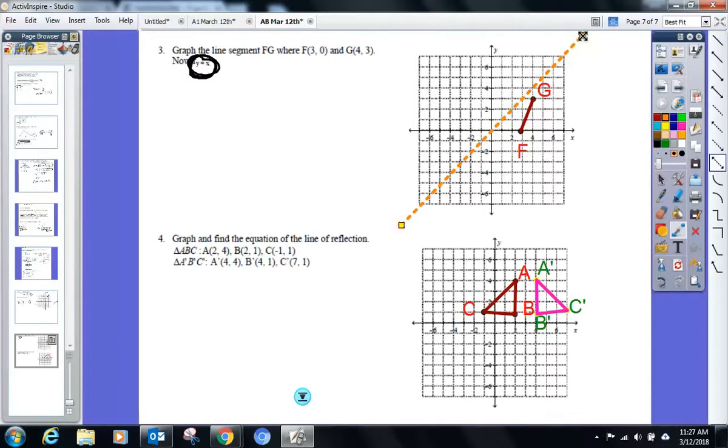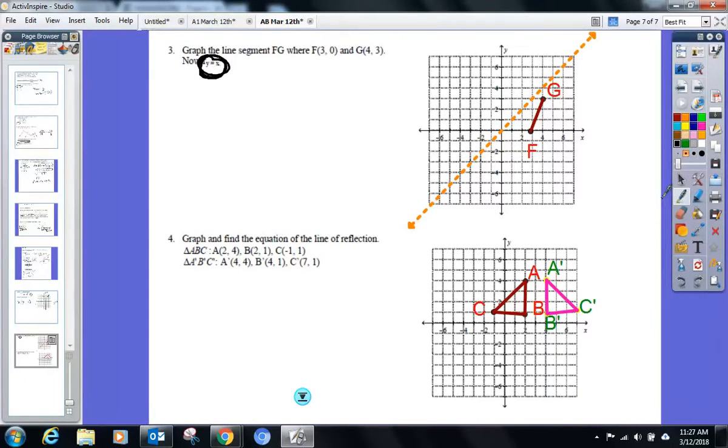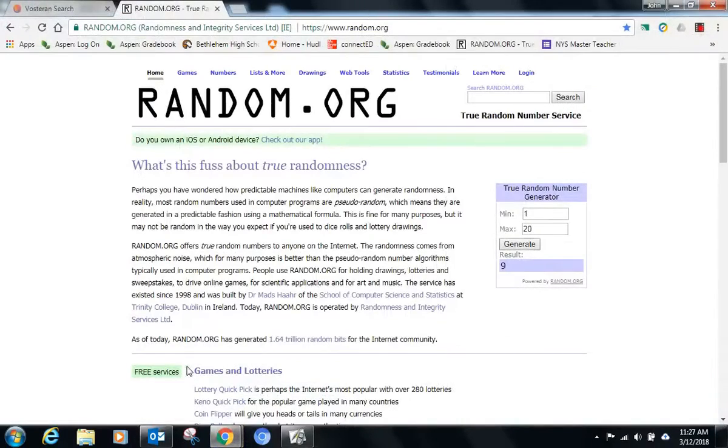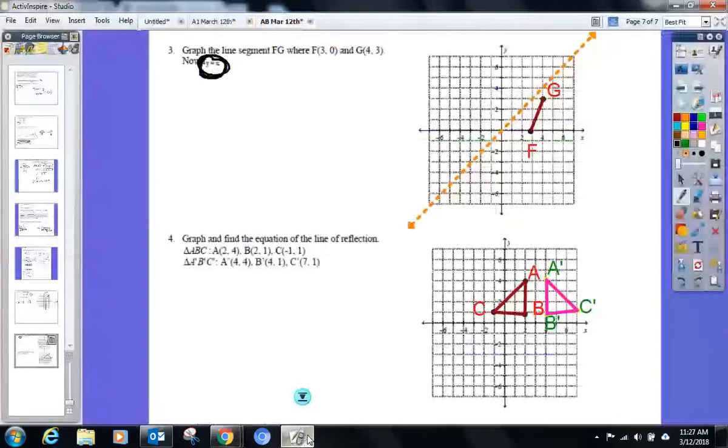Okay, reflected over that line. What was the rule I showed you guys? The only rule you have to remember. If you're reflecting over the line y equals x, your y coordinate is now your old x, and your x is your old y. So what am I doing to the coordinates? Flipping them. All right, Will, so what's F prime going to be then?